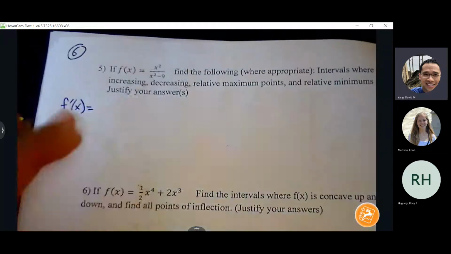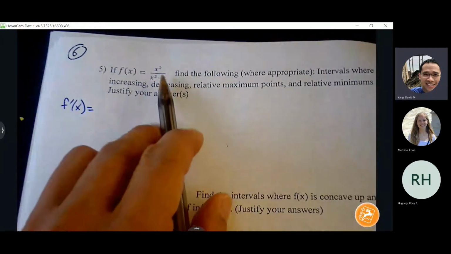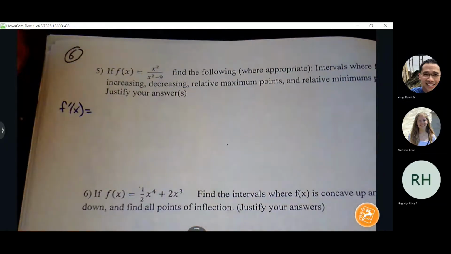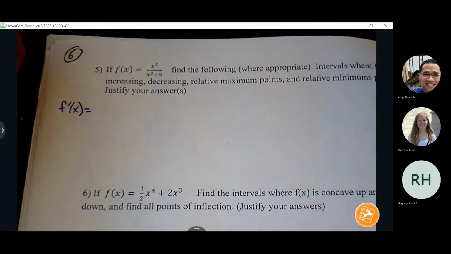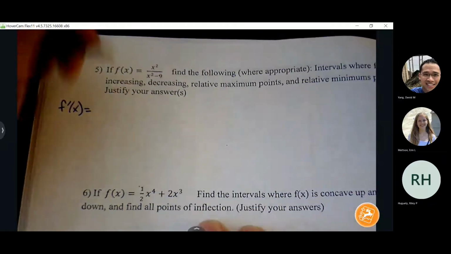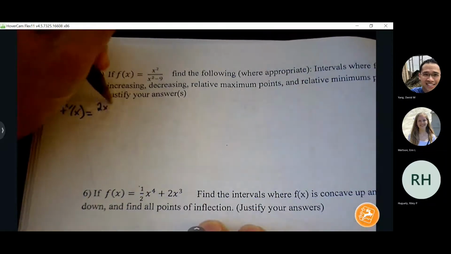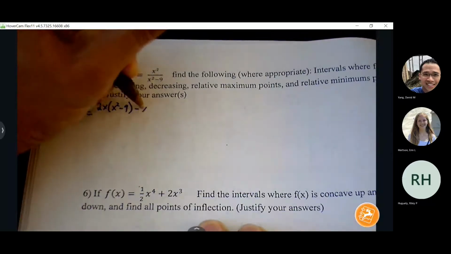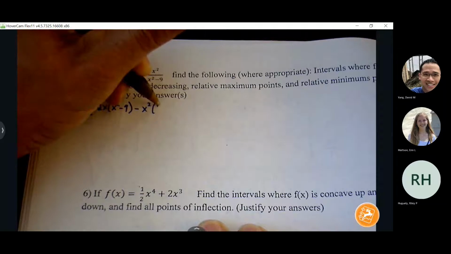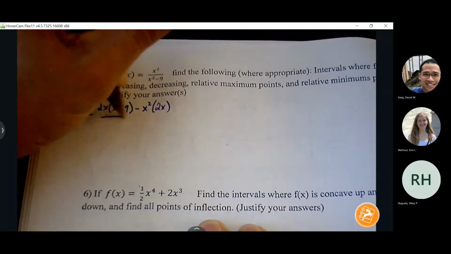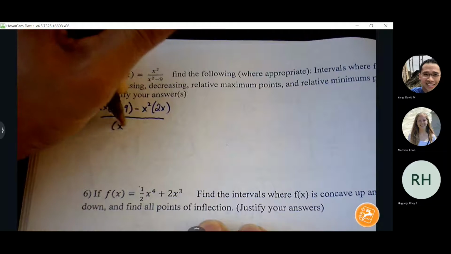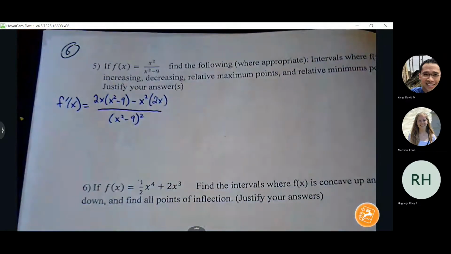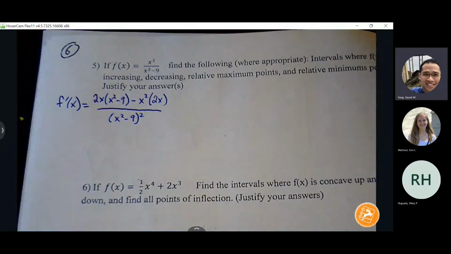Okay, so for this problem here, I got to go through quotient rule: f prime g minus f g prime all over g squared. Clean this up, distribute through.